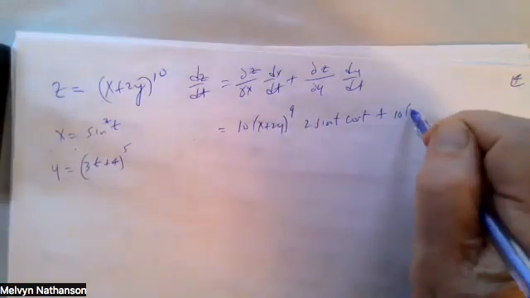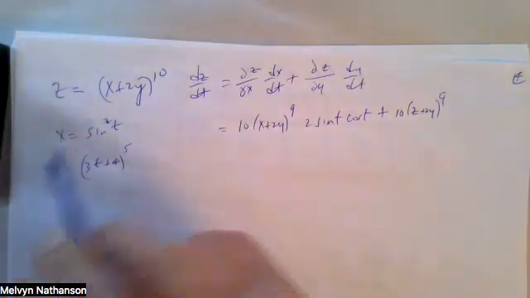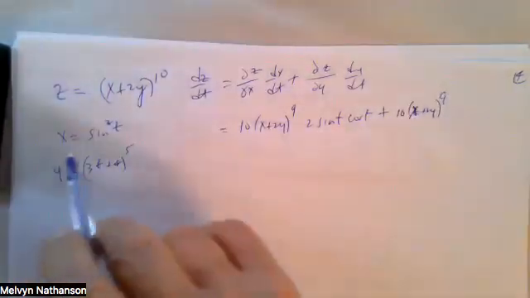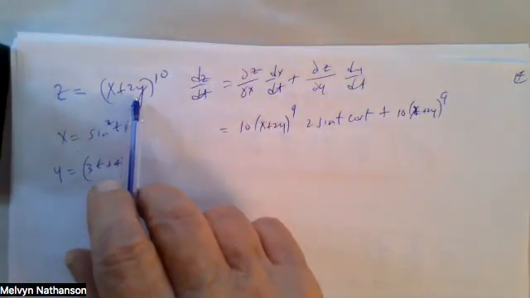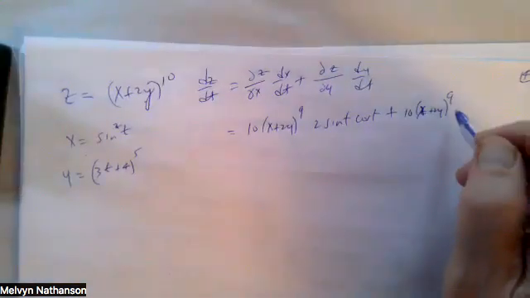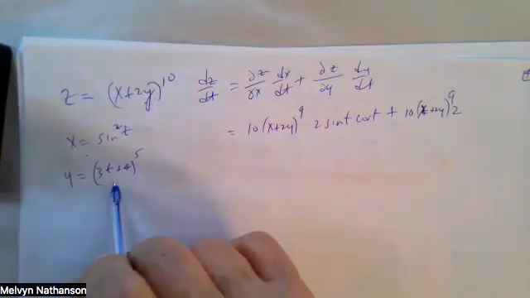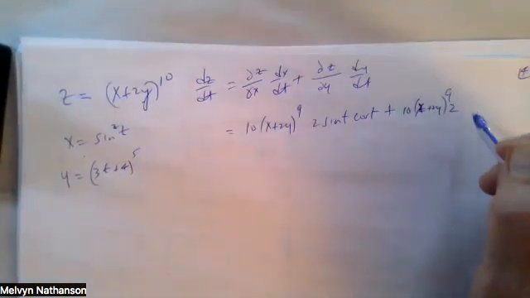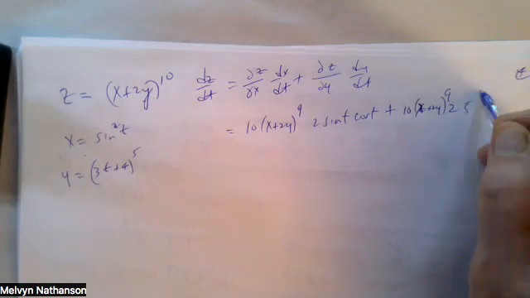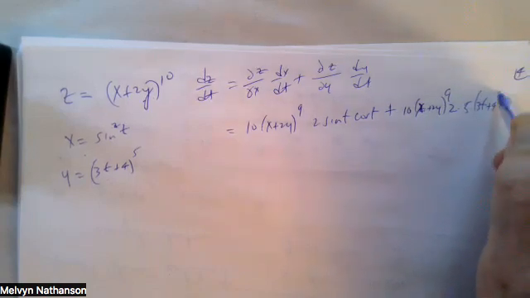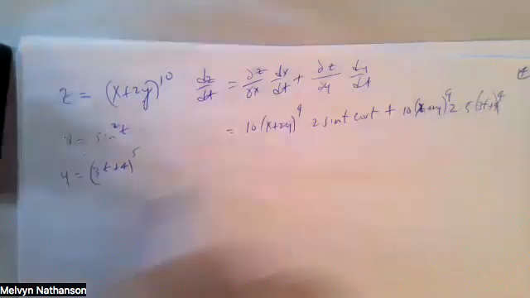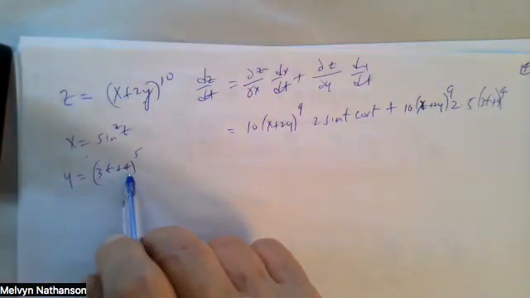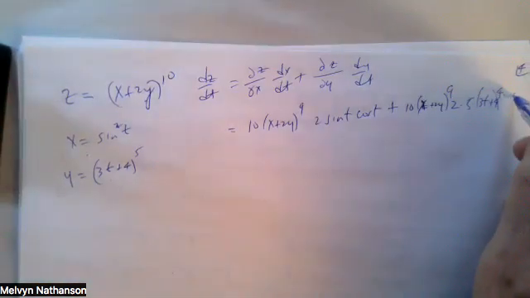When I differentiate this with respect to y, I get 10 (x plus 2y) to the 9th, plus the derivative of x plus 2y with respect to y, which is 2, times dy/dt. If I differentiate this with respect to t, I get 5 (3t plus 4) to the 4th, times the derivative of 3t plus 4 with respect to t, which is 3.